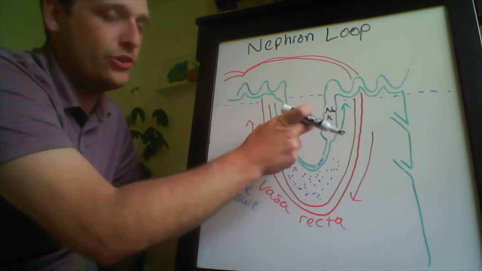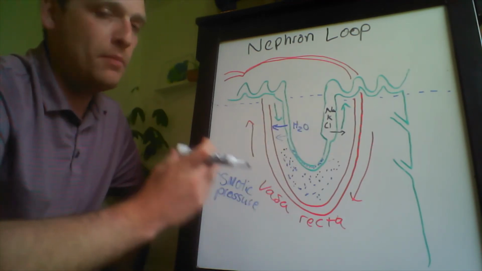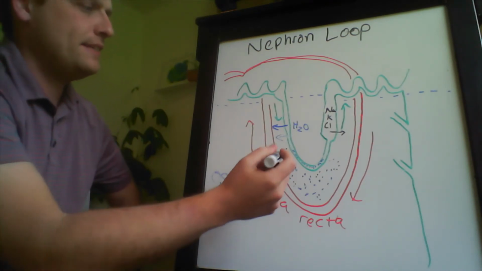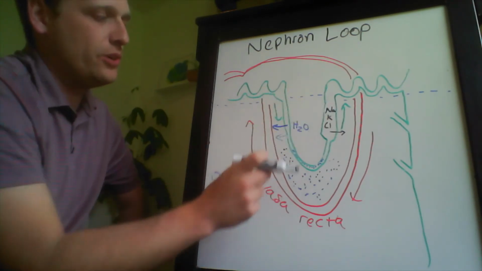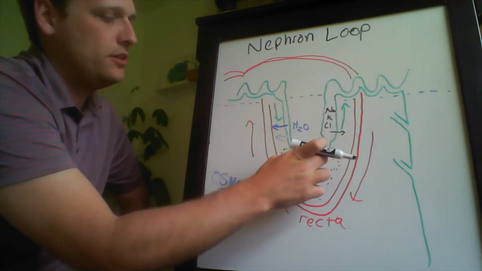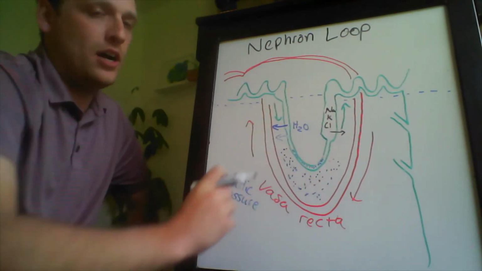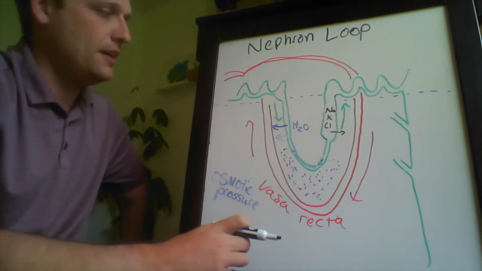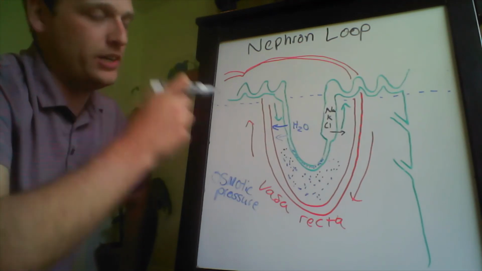So there's a countercurrent here. And the multiplier comes from the fact that because these two are close together, as you travel down lower, the concentration of solutes is going to increase. These are going to multiply one another.